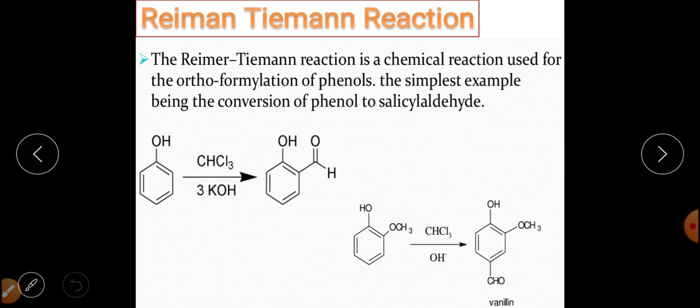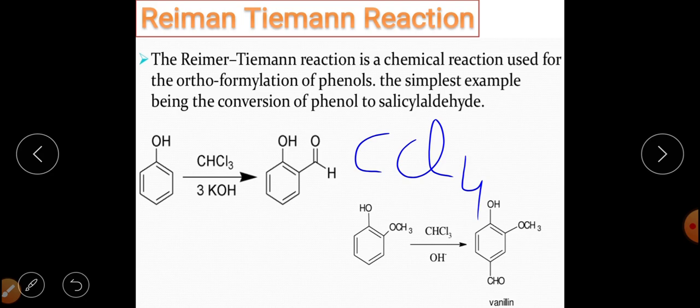The second application of this reaction is that instead of chloroform, CHCl3, if we take CCl4, carbon tetrachloride, what will happen now? Then there will be no formylation.